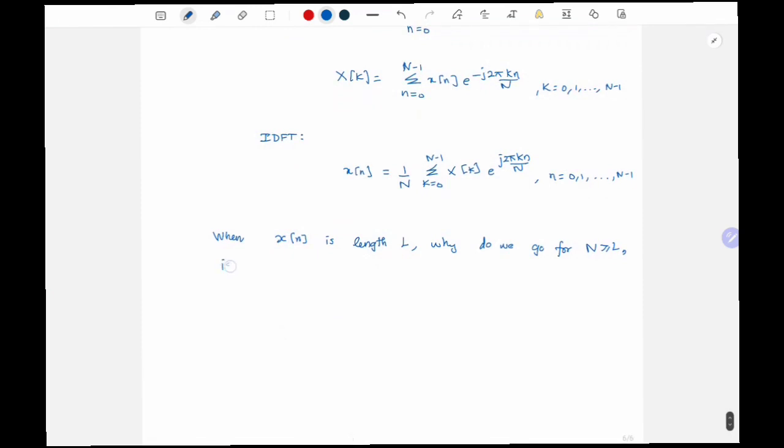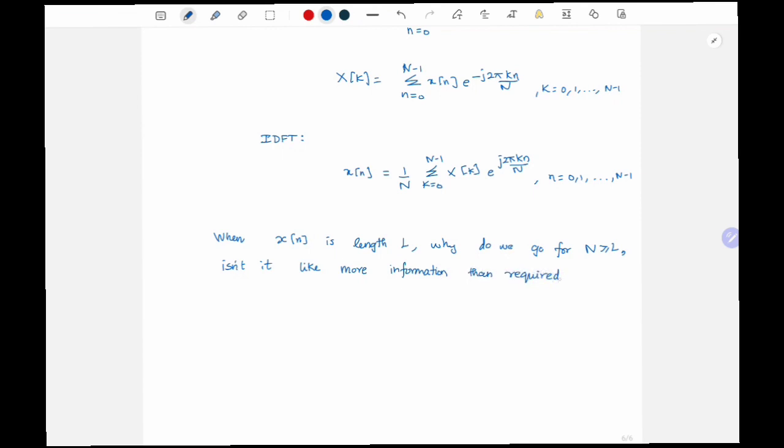Isn't it like you are storing more information than required, or is it more storage than required, since it is giving the same amount of information? So let us go back to what this N represents.